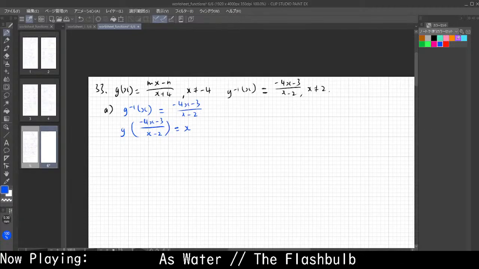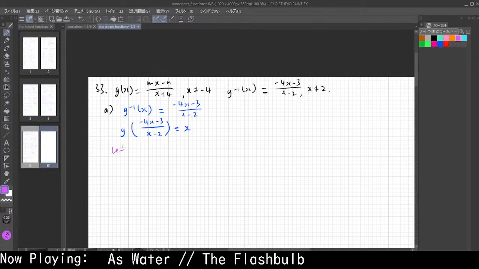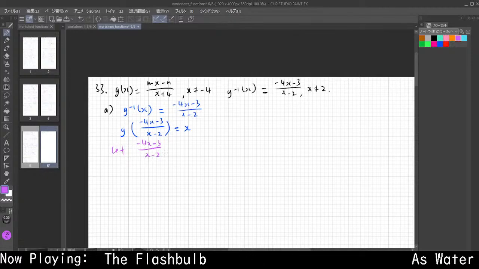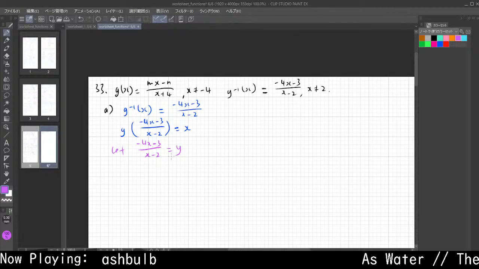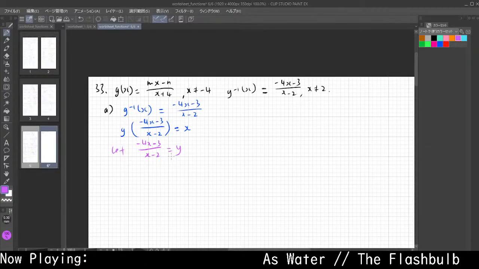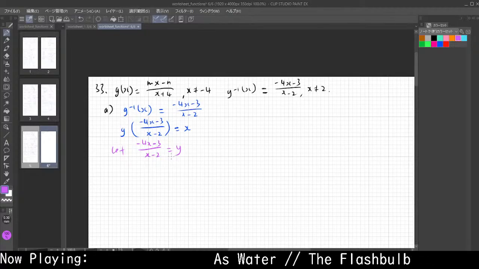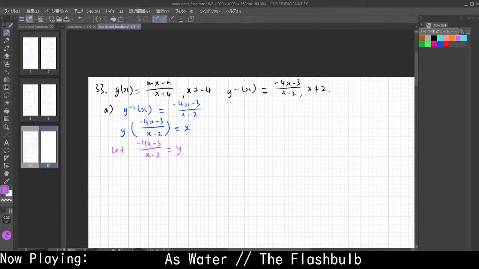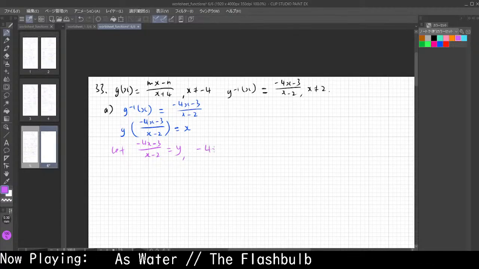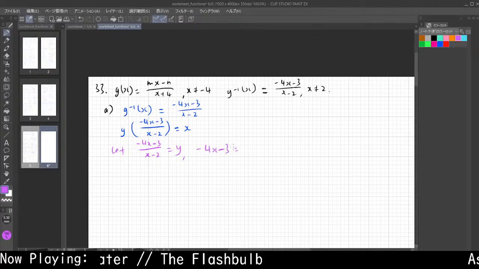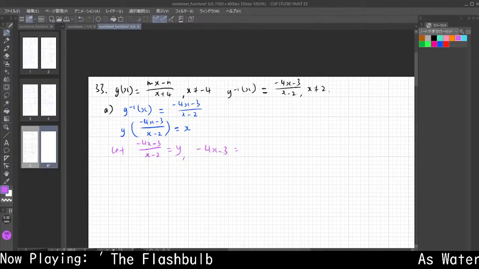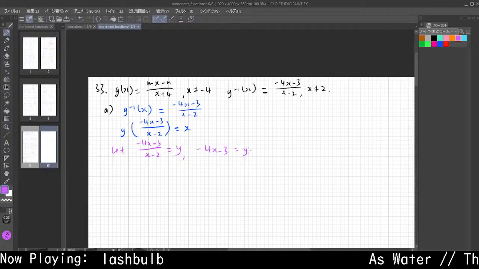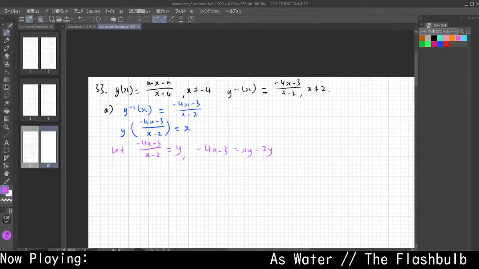Therefore, we can have this. Now we just need to let this entire thing over here be equal to y. Find x in terms of y, then we can compare and contrast to find m and n. Move over to multiply, so x times y, xy minus 2y.